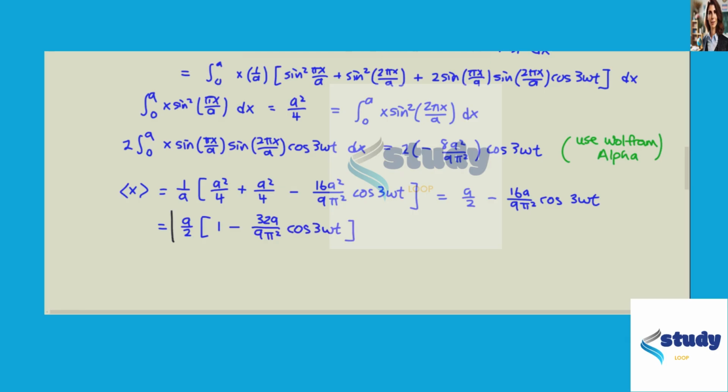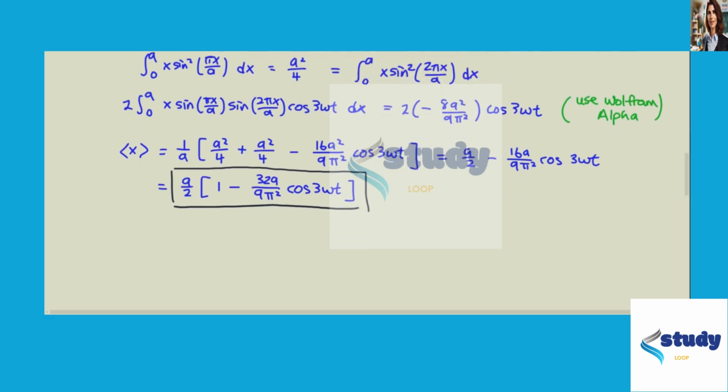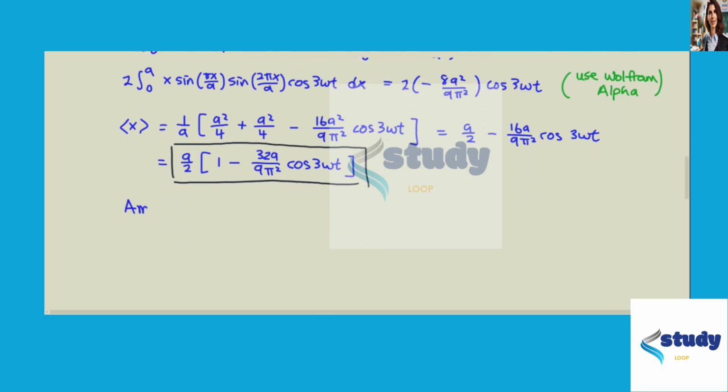So this is the expectation value of the position. Then we need to determine the amplitude. The amplitude is 32 over 9 pi squared. The a is not here, sorry, after you factor out the a, so the a is not there. So 32 over 9 pi squared times a over 2.